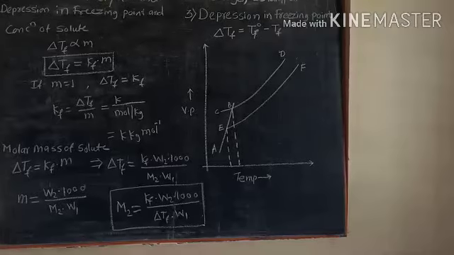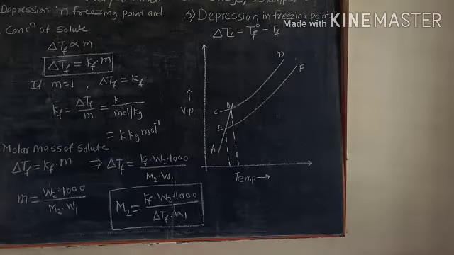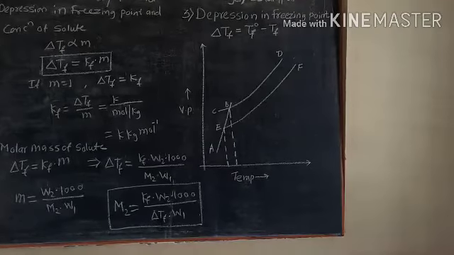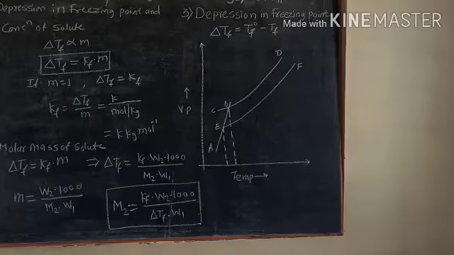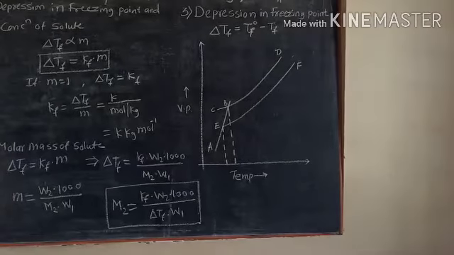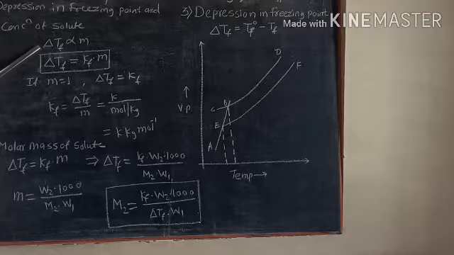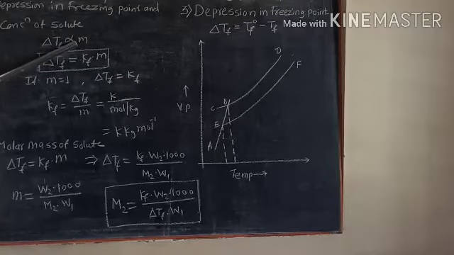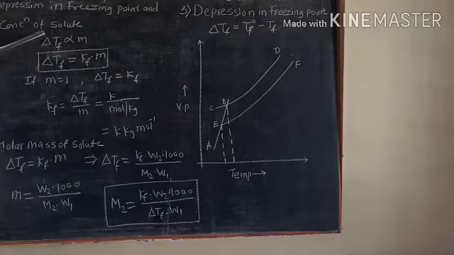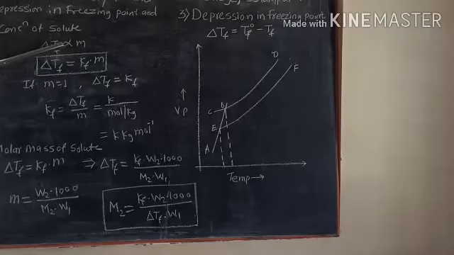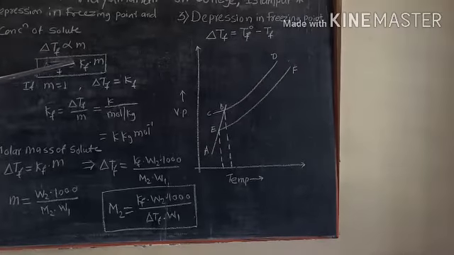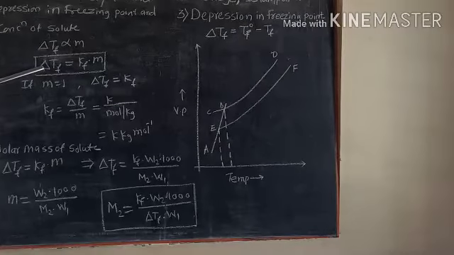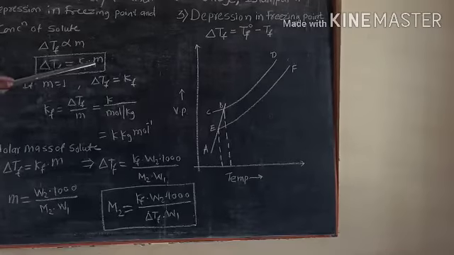Using this, we can determine the concentration of solute. Practically, it can be verified that the freezing point depression is directly proportional to the molality of the solution. The proportionality sign can be removed by using a constant: delta Tf is equal to Kf into m.